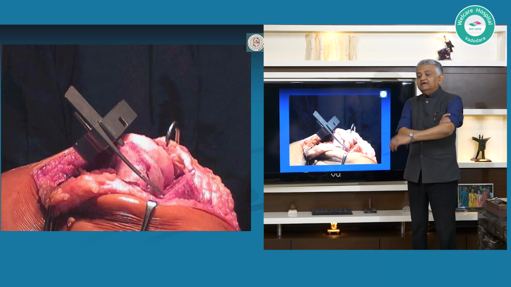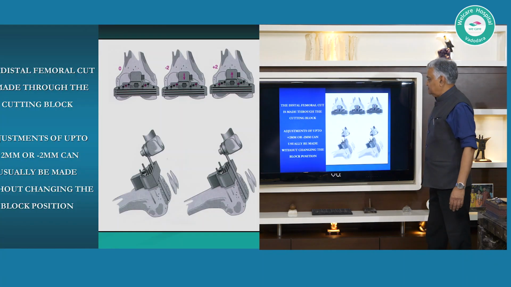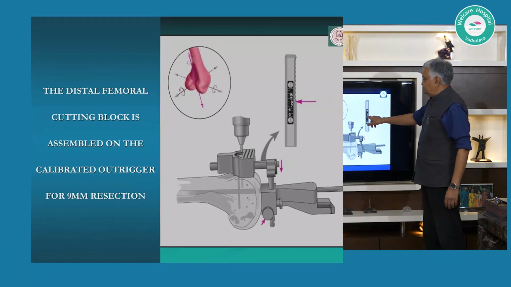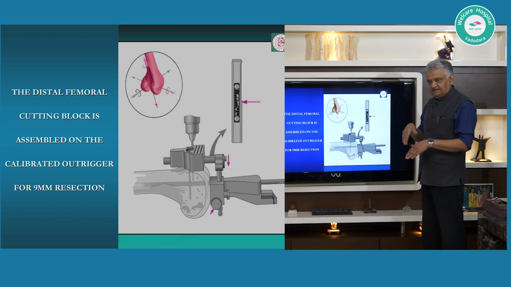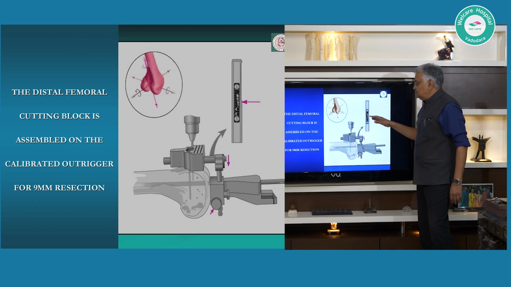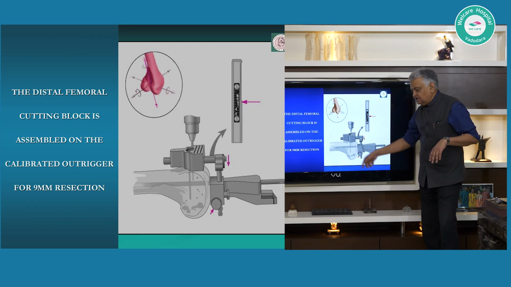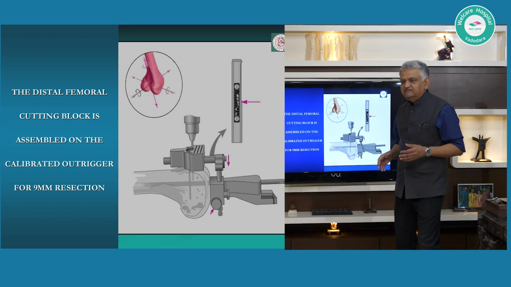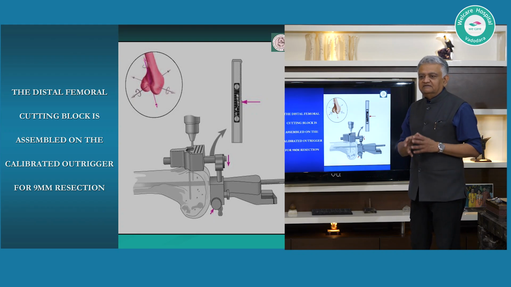Well, it can happen if, for example, you go back to the assembly, go back a couple of slides. Let's see here, instead of 9, you think you have put it on 9, but it has slipped and you are sitting on 11, 12, something like that. Or there is a play that has happened, or there is so much bone wear, your distal femoral bone has worn itself out so much that it is already more than 9.